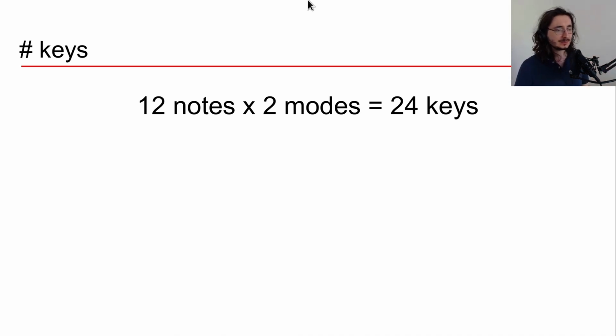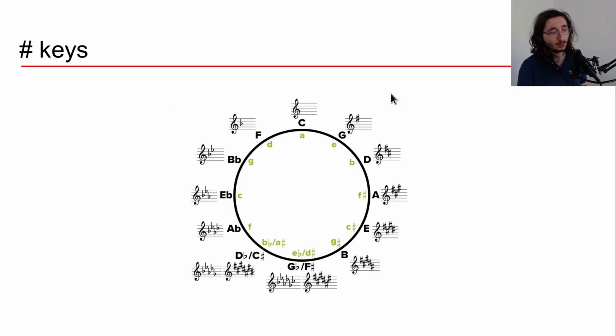Good. Okay, so how many keys do we have in our Western musical system? We said that a key consists of a tonic and a mode. There are 12 notes that can be tonic, right? C, C sharp, and so on. And then we have two modes, major and minor. So 12 times 2, we have an overall number of 24 keys.